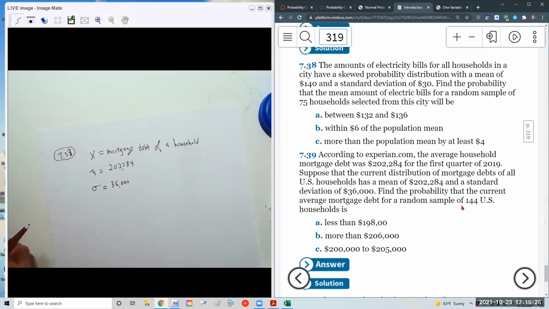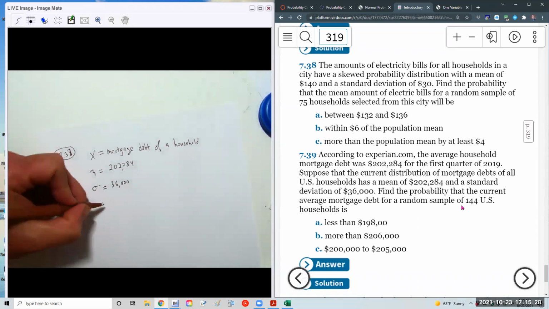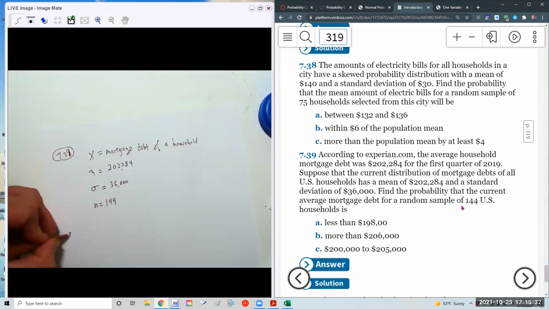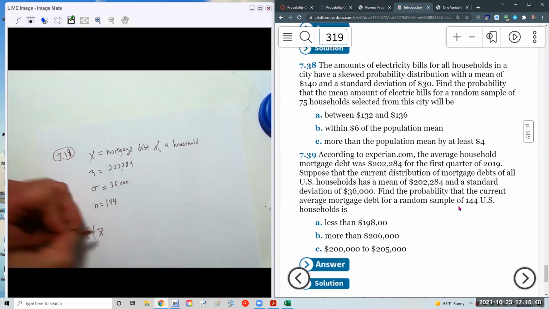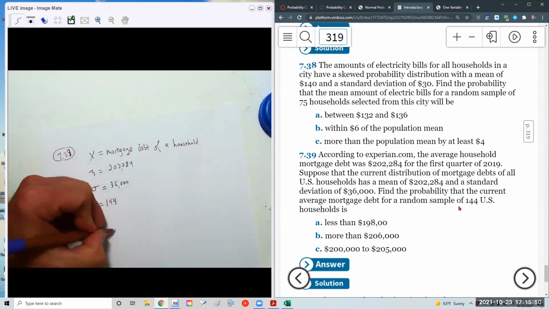So if the sample is size 144, they want us to, in part A, find the probability that the average for a sample, so that's X bar, is less than 198.